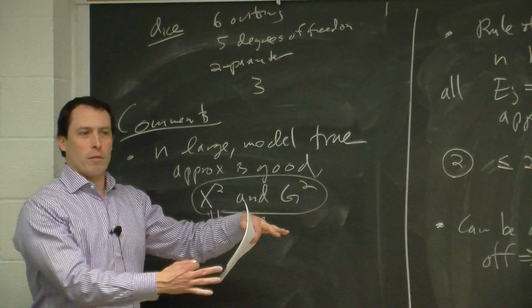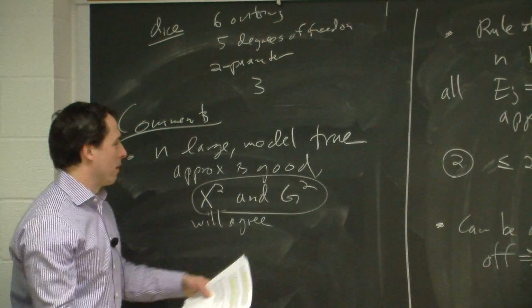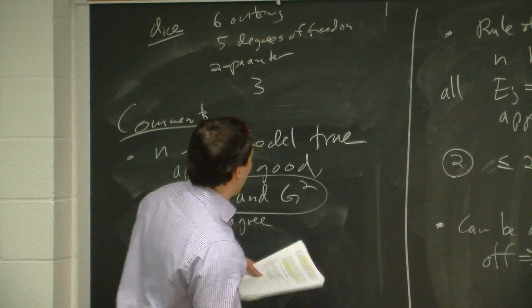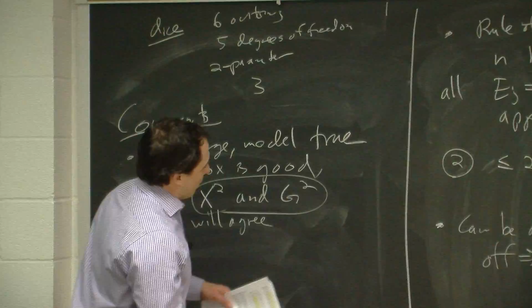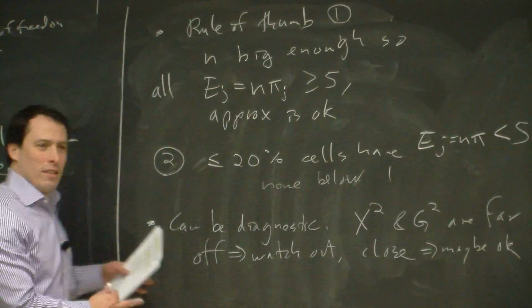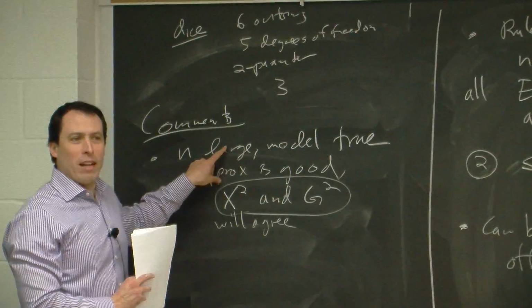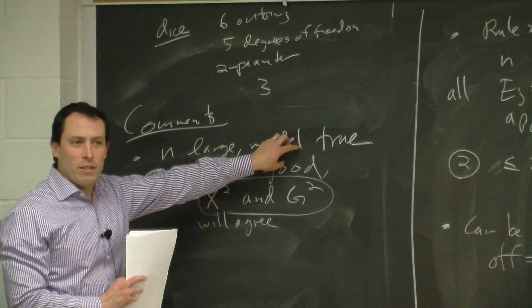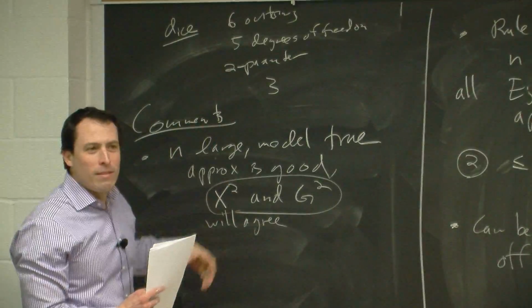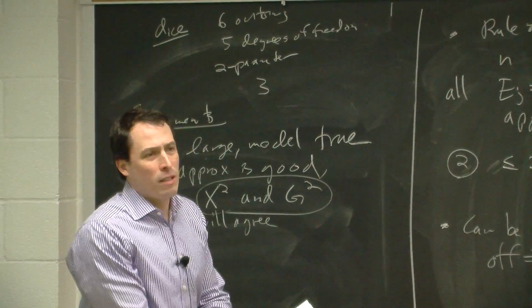These will both converge to chi-squared, and they'll be very similar, right? So if they're not close, one of these assumptions had to fail. The model is not true, or n is not large enough. I'm just thinking about the case that n is large, and I still disagree.